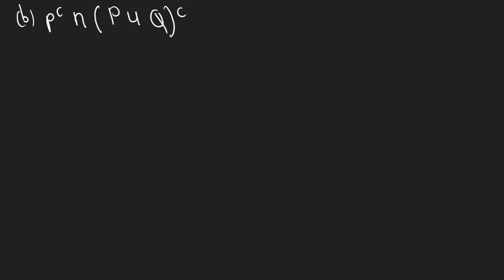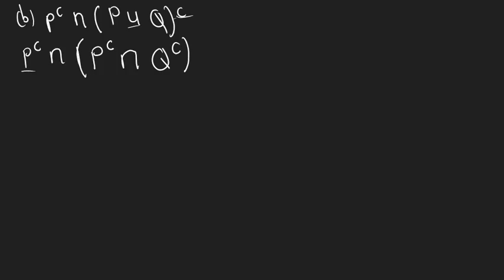I remember telling you that this is P complement intersection. Then the complement applied to P is going to be P complement. The complement applied to the union becomes the intersection. The complement applied to Q becomes Q complement.